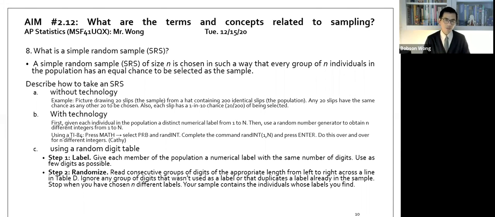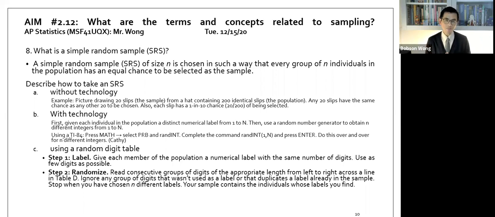And so the simplest example of a simple random sample, or an SRS, is I take all the individuals in my population, I put their names in a big bag or a big hat, I shake it up, and I just pull out names, and whatever those names are, those are the individuals in my sample. So how do we take an SRS without technology? We can picture drawing 20, let's say we're taking 20 out of 200. So I take 20 slips from a hat with 200 identical slips, and that's our simple random sample, because any 20 slips that I take have an equal chance of being chosen.